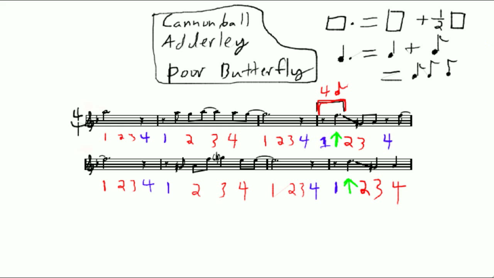And now I think we've got just enough time to do our arrow analysis. So we're going to do this the same way, and we're going to do it in green. So right here we've got beginning, we've got a downbeat on 1. Downbeat. And we hold through 2 and 3. Like that.